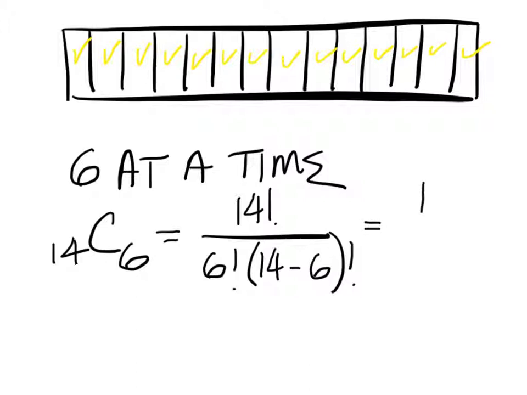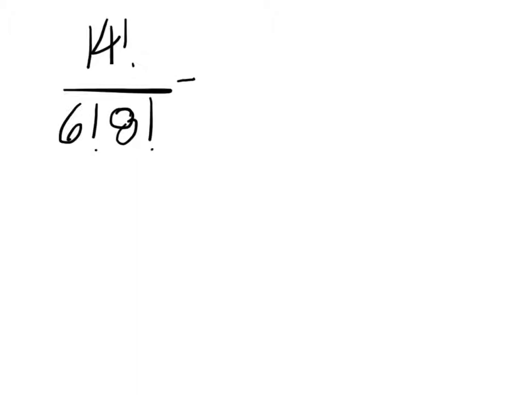When you do that subtraction on the bottom, it's going to be an 8. So 14 factorial over 6 factorial times 8 factorial. And you can do some cancellations that might make it a little easier to work out. So we had 14 factorial over 6 factorial times 8 factorial.